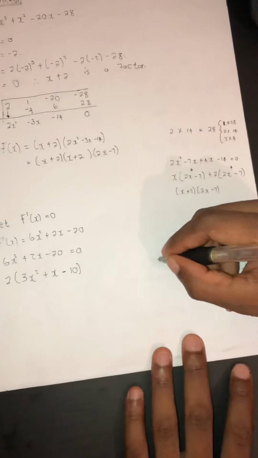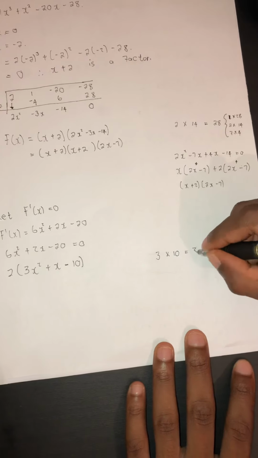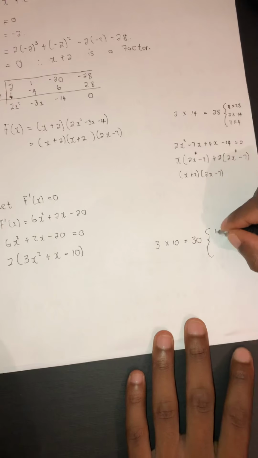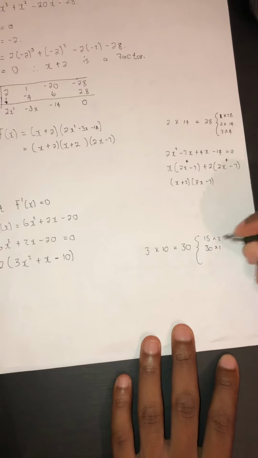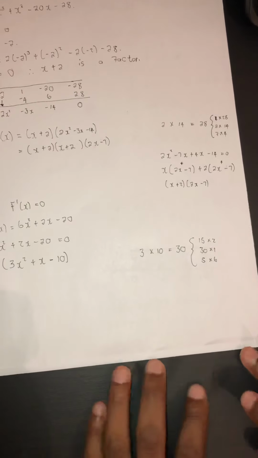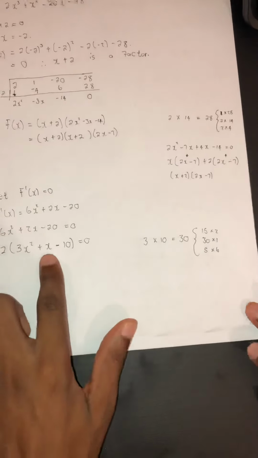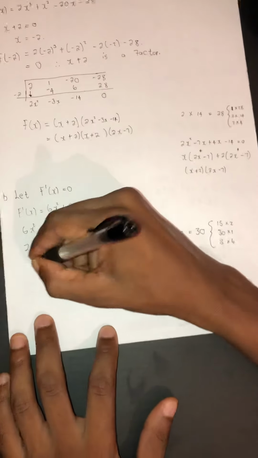So I will take the 3 and multiply it with the 10. Then I get 30. What are the products of 30? That will be 15 times 2, 30 times 1, 5 times 6. Then I check which one I can decompose into the middle value. I guess you can see that it's actually 5 and 6.